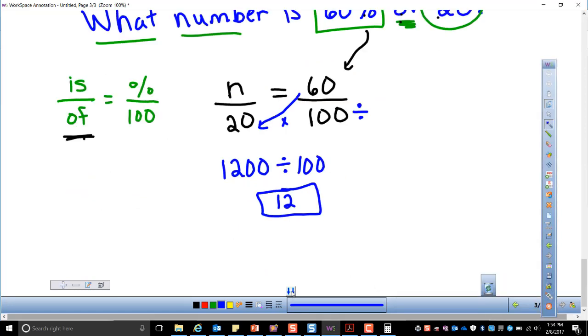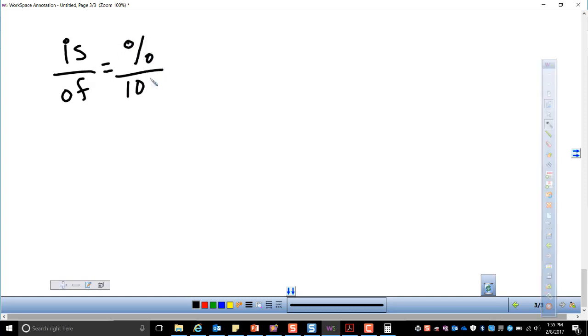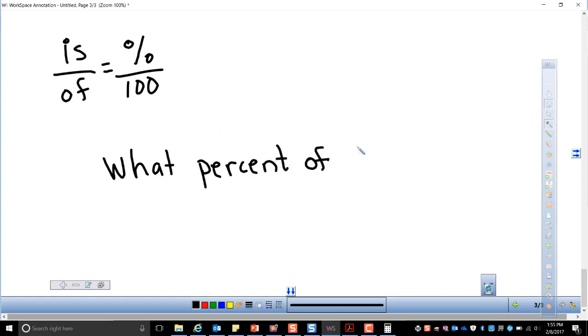So remember, when we're doing these, your proportion that you need is is over of equals percent over 100. So here's the question. What percent of 50 is 75?